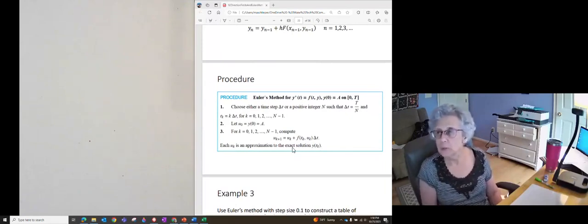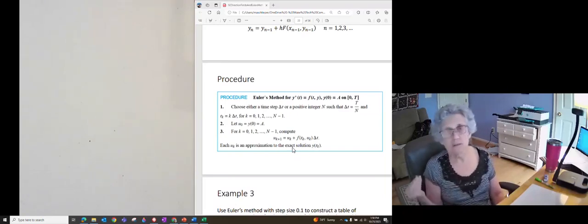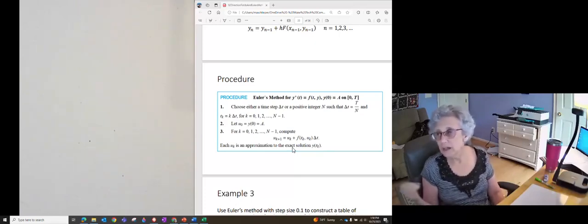So here's our procedure. You want to find y prime equal to some function, and in the procedure it's of t and y. You're given that y at 0 is equal to some point A, and you want to find the solution at some future point.